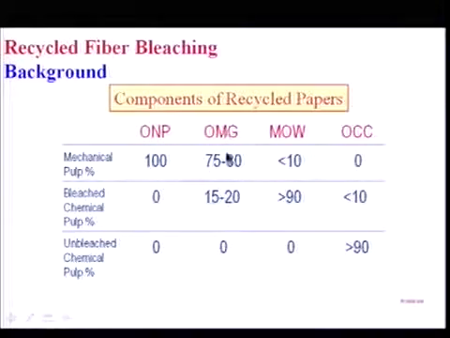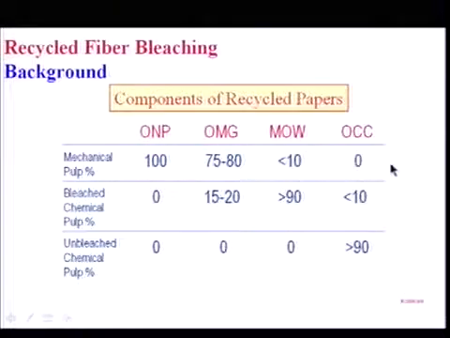OMG contains 80% mechanical pulp and some amount of bleached chemical pulp in the magazines. On the other hand, mixed office waste contains very little mechanical pulp, very high amount of chemical pulp. But these chemical pulps are dyed with dyes, colored paper. OCC is mostly unbleached chemical pulp, and there are also some bleached chemical pulp present in this as a top liner.